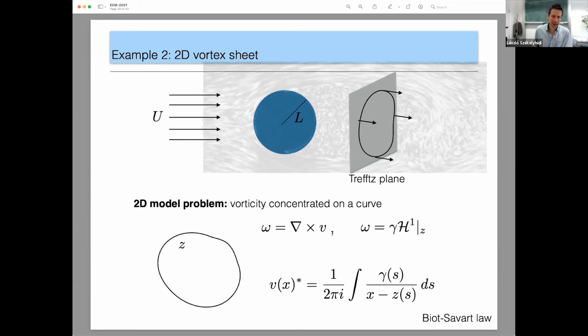So you have here the velocity field, which has a certain vorticity, supposed to be a measure concentrated on a curve. And once you know what is the vorticity, you can calculate the velocity back from, so here gamma would be the strength of the vorticity, and z is the curve where it's concentrated. So this is the Biot-Savart law.